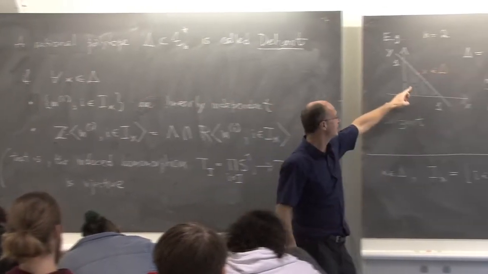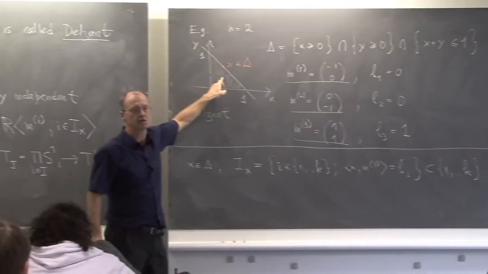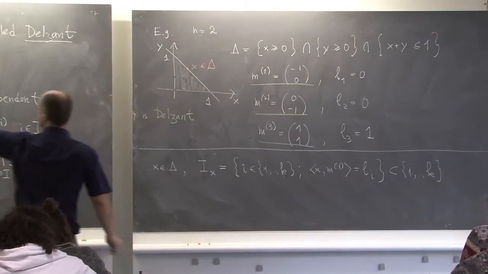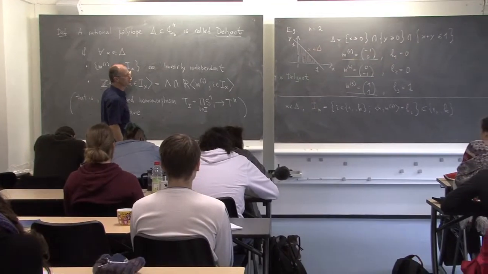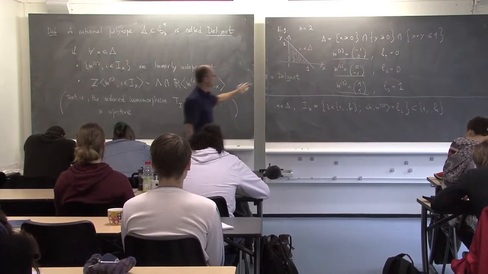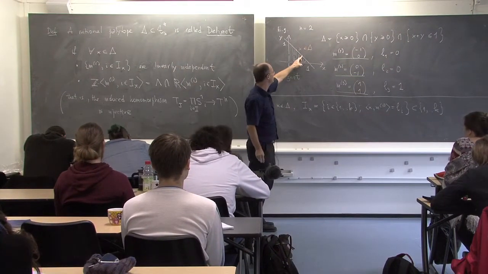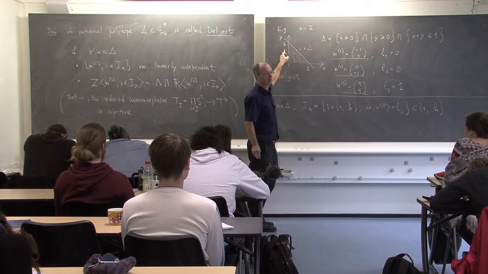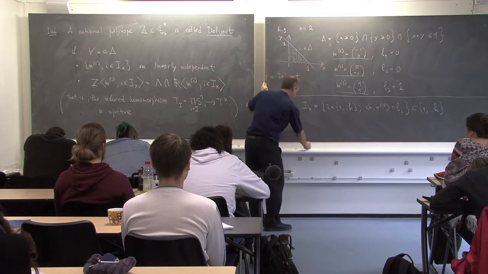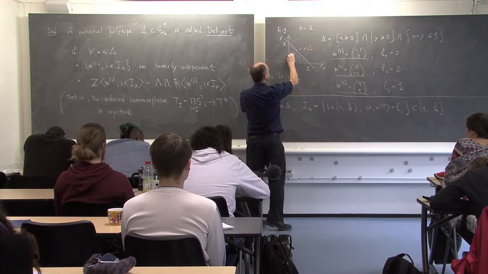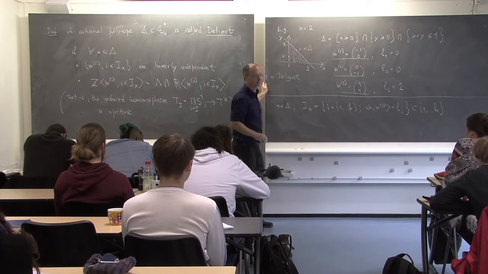For x's sitting in the middle, there are no conditions to be checked because this set of indices is empty. Now, what about the conditions corresponding to the sides of the triangle? For instance, what about x being here?